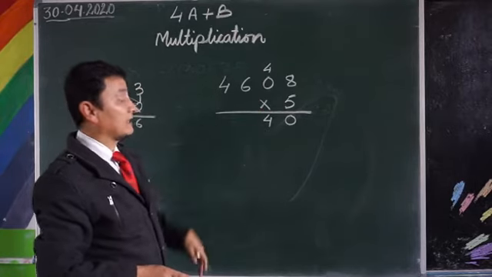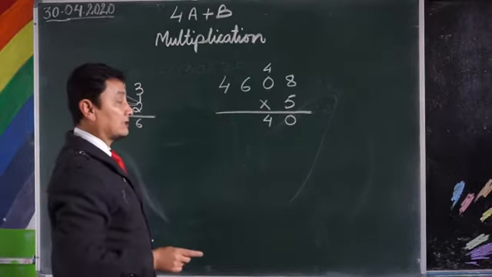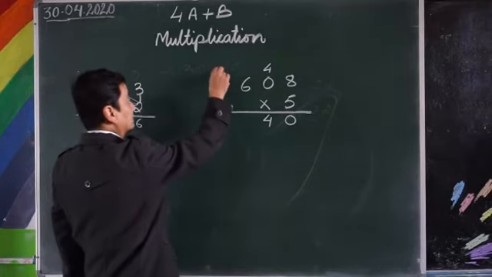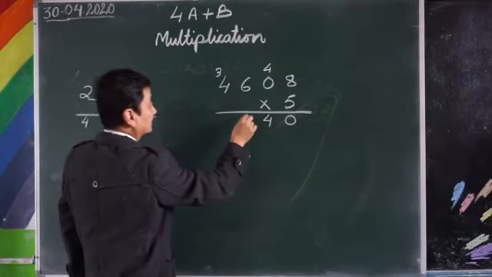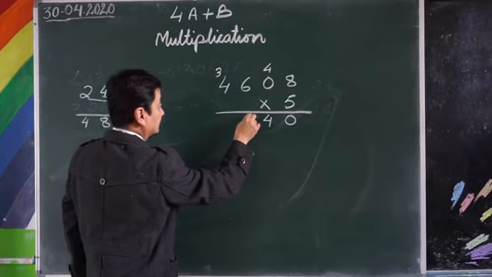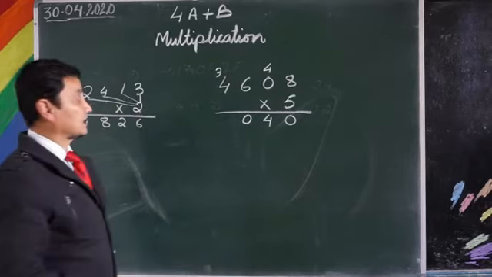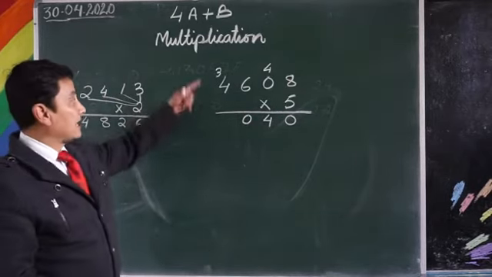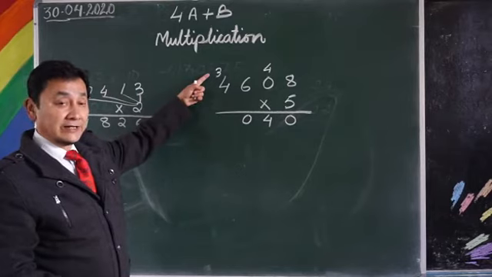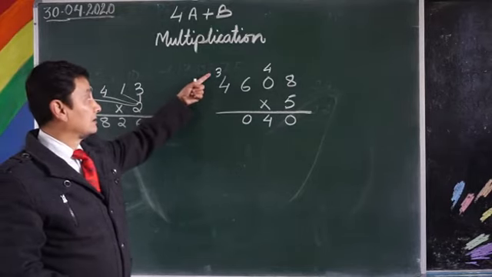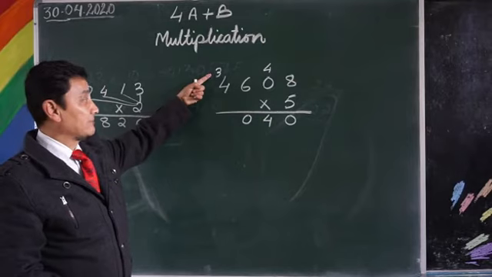5 6s are 30. How to write 30? 3 and below 0. 5 4s are 20. And some of you forget to add this carry number.